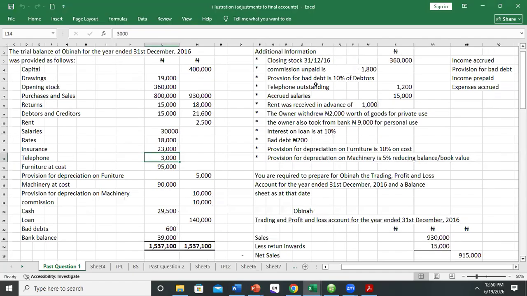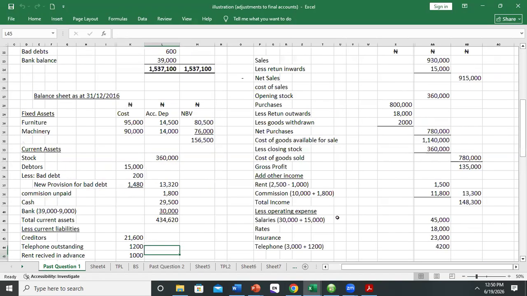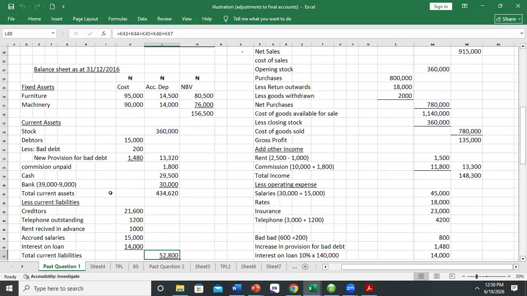And they are telling us that 1,002 is outstanding or accrued. So we are adding the two. That's why we are adding that in the profit and loss and the expenses. And then in the balance sheet, come and see it. Under current liabilities, you see the telephone outstanding of 1,002 presented here.